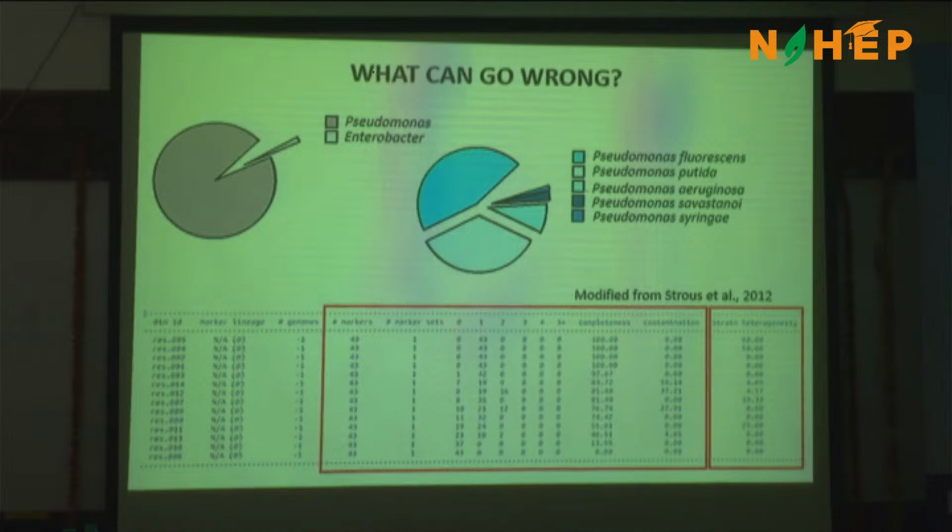If we go back to the example, this is what we see here. The result will be 100% heterogeneity because they are not from the same species but from the same genera. And in this other case, they are from different genera. So it will be easier for us to clean up this one than this other one.